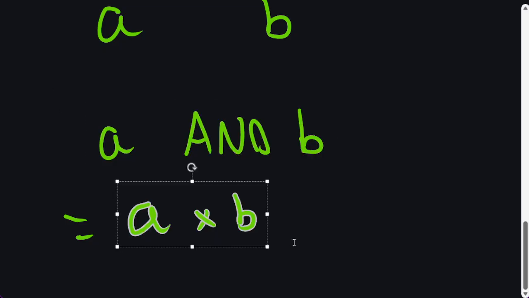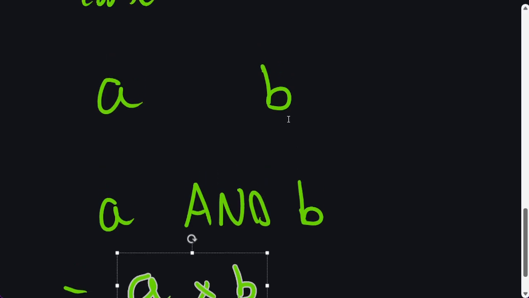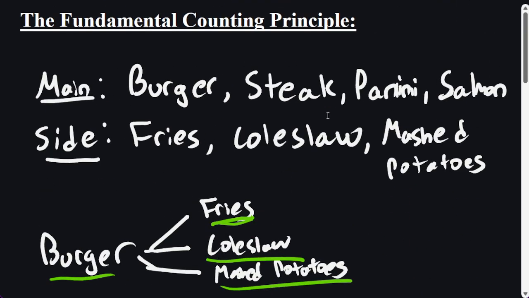It would be A times B. So that's the fundamental counting principle in a nutshell.